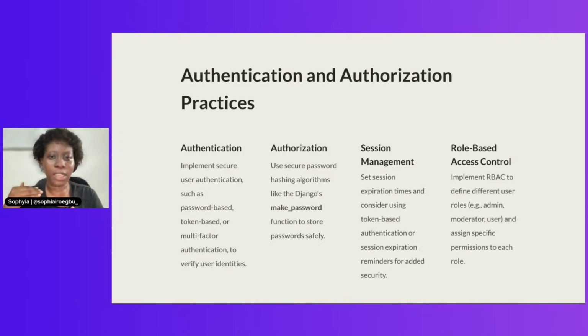That way, it's more secure for your user to use your project, and add two or multiple factor authentication so that your user gets to verify themselves twice, and you can catch any small error or issue on the authentication aspect. Then let's talk about the authorization.